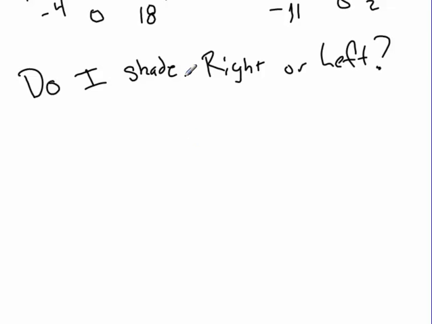And the question is, do I shade to the right or to the left? And this is where you try 0. So this is where I would do my 0 test. Again, the 0 test, that's where you plug 0 in.